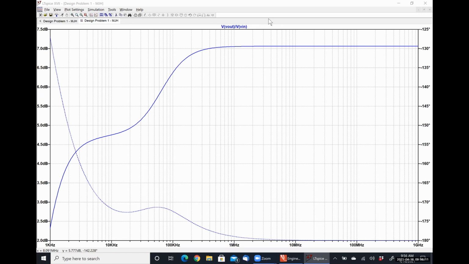This was a common emitter amplifier, right? We designed it to have a specific voltage gain of approximately 7 decibels. But we only see that the voltage gain is around 7 decibels when our frequency is larger than somewhere around 1 megahertz, right?